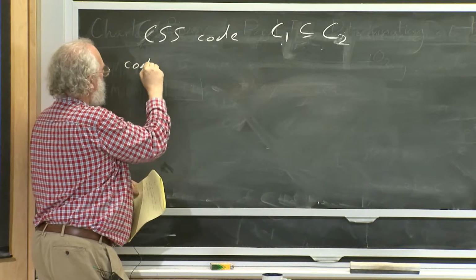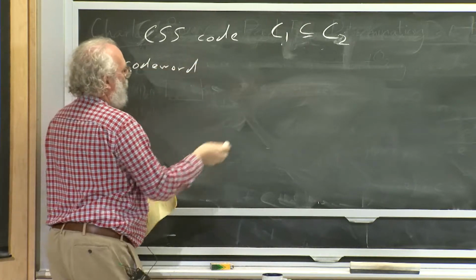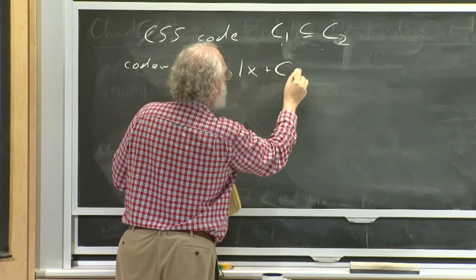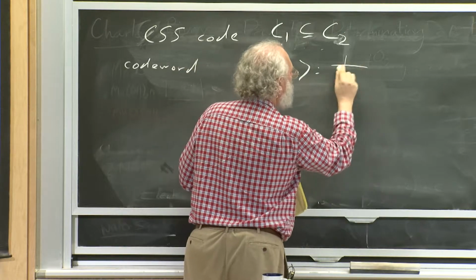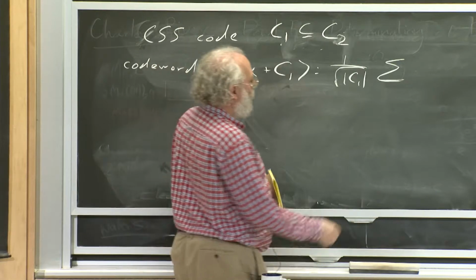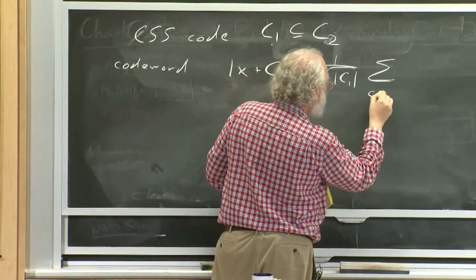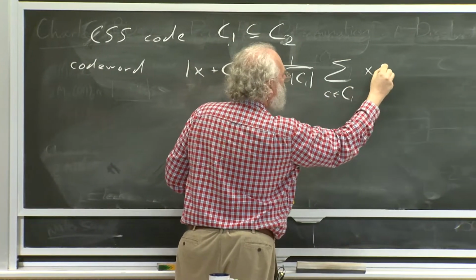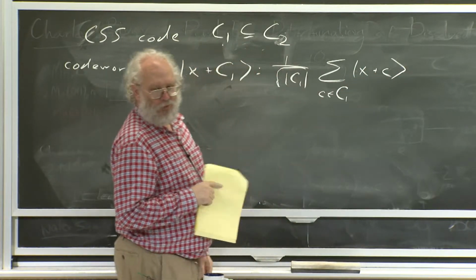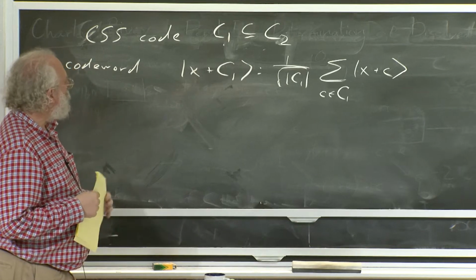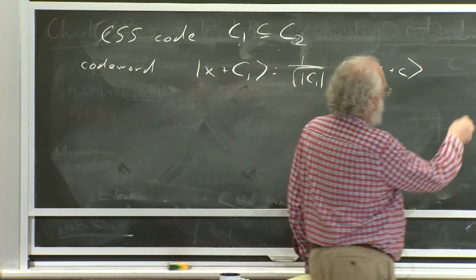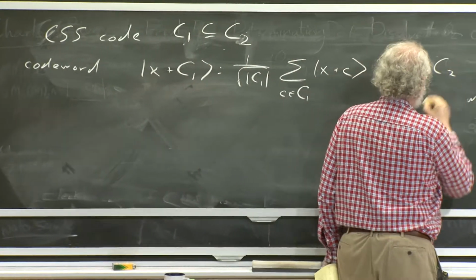A code word x plus C1 is equal to 1 over the normalization factor times the sum over all C in C1 of x plus C, where this is bitwise addition, mod 2, for x in C2.